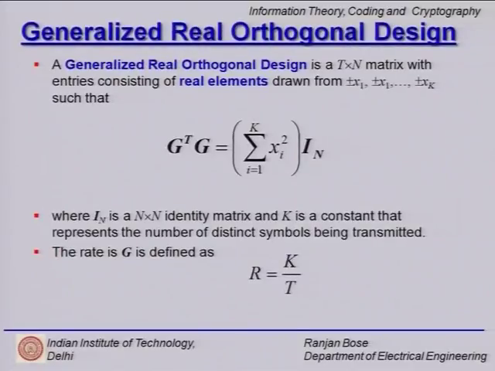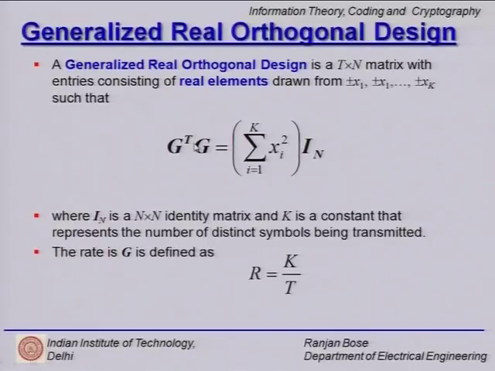Then we said that we need to go beyond n equal to 8, and therefore we learned to tweak the real orthogonal design, and we went on to study generalized real orthogonal design, where the generator matrix is T cross n, with entries plus minus x1, plus minus x2 up to plus minus xk.